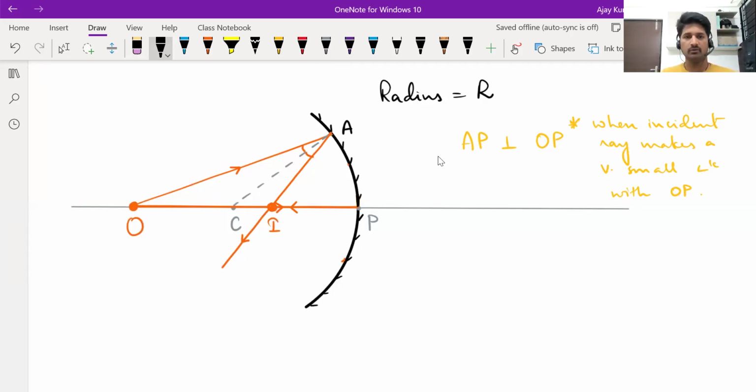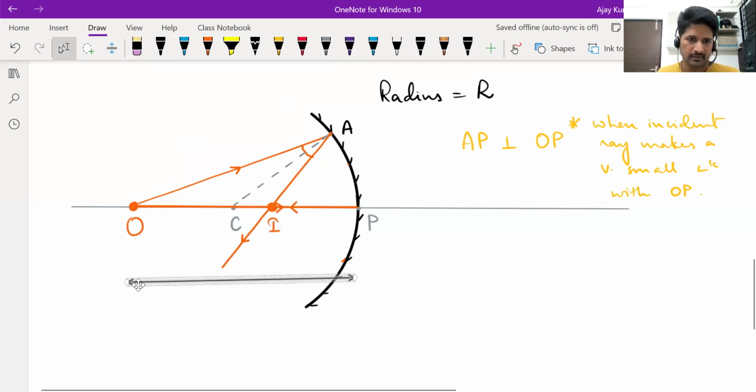Now what do we want? We want a relation between object distance and image distance. Let's say the object here is at some distance U from the point P. We take all distances from the mirror.